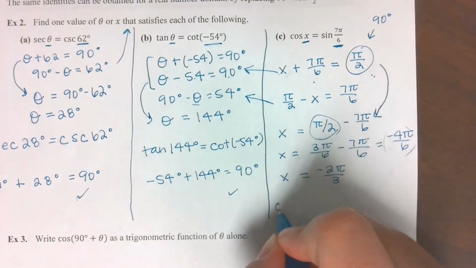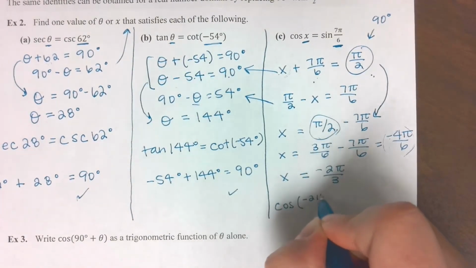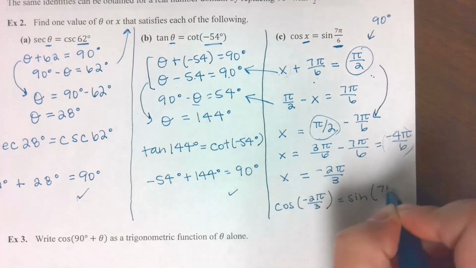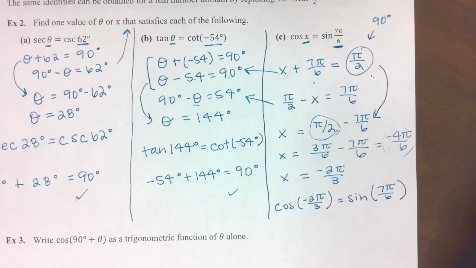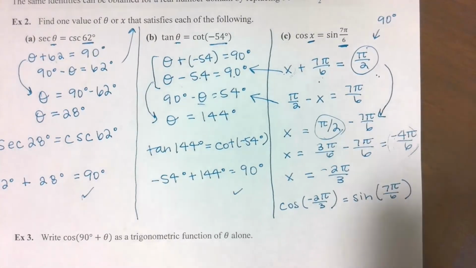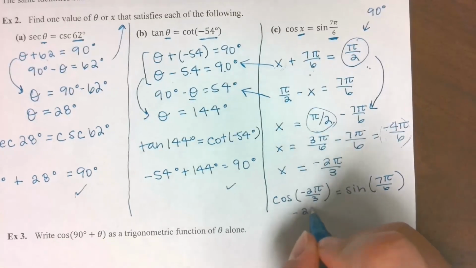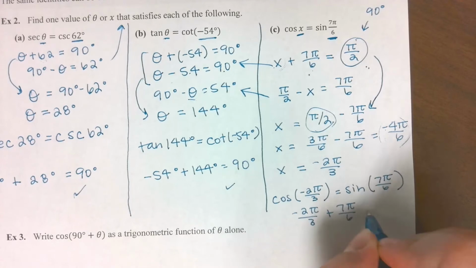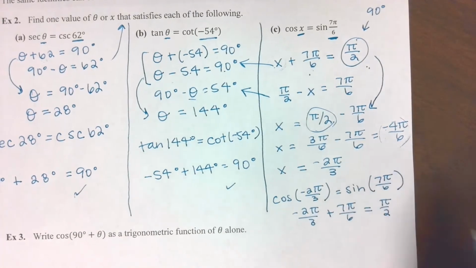So cosine of negative 2 pi over 3 is equal to sine of 7 pi over 6. Always go back and check: does negative 2 pi over 3 plus 7 pi over 6 equal pi over 2?